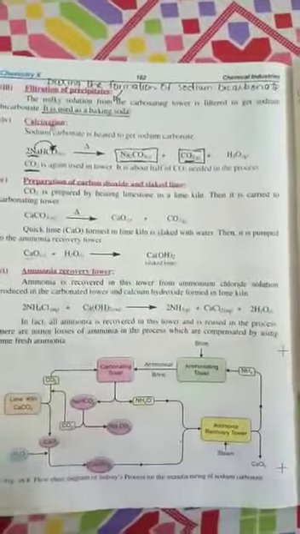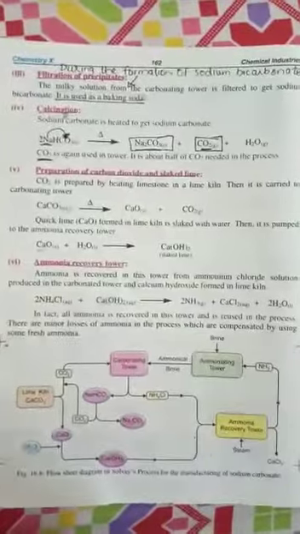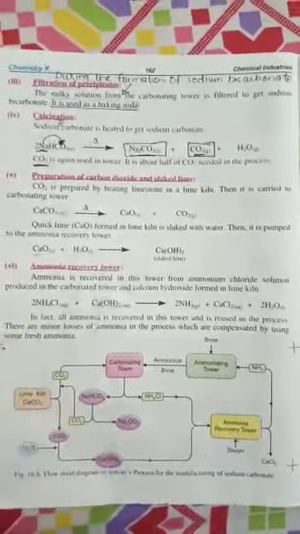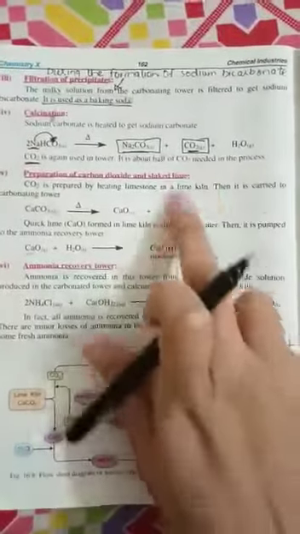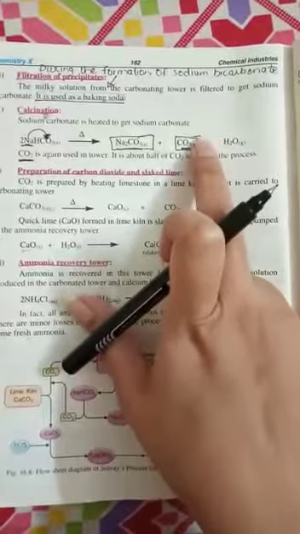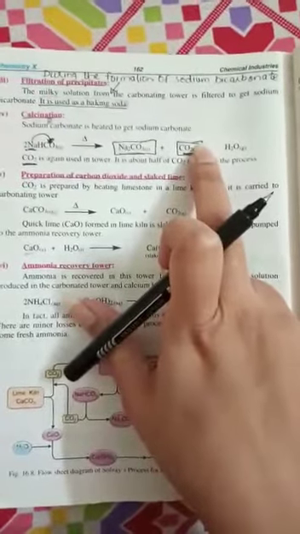So it means that we have to provide the carbon dioxide one time, and at the end of the reaction we recover the carbon dioxide, and after recovery we reuse that carbon dioxide again and again.